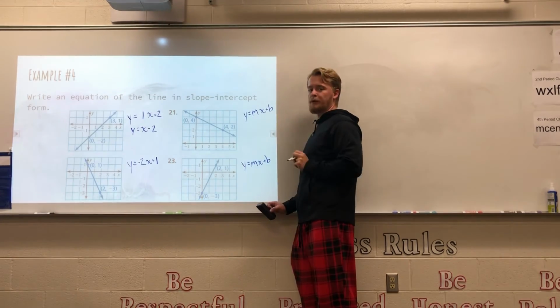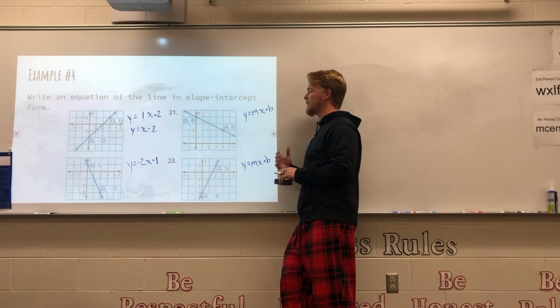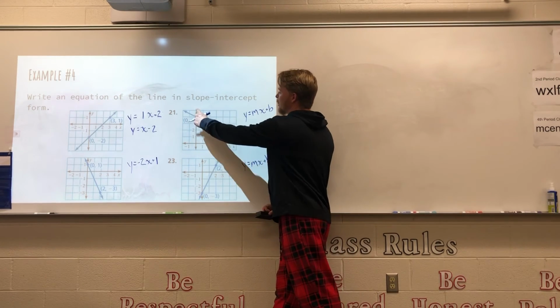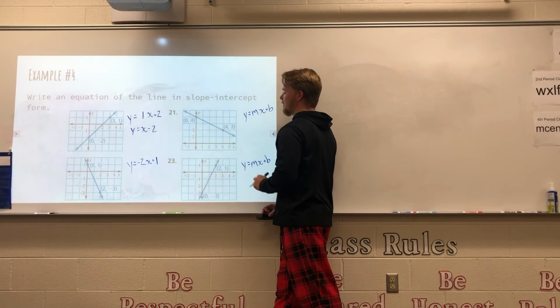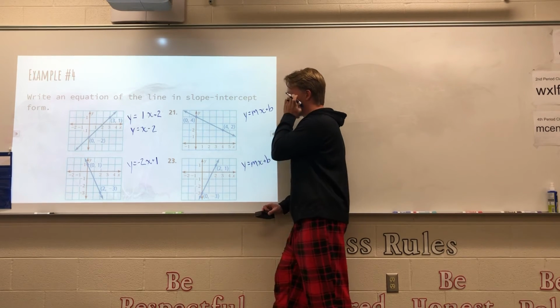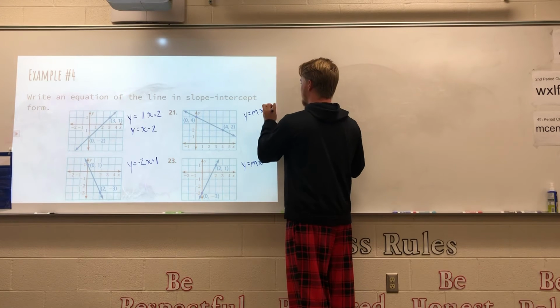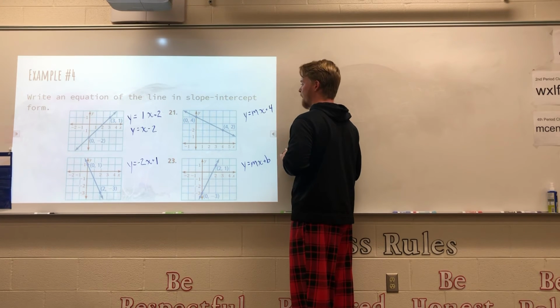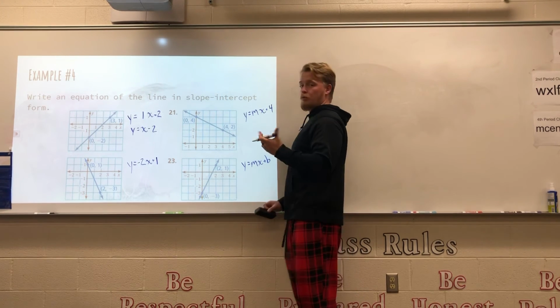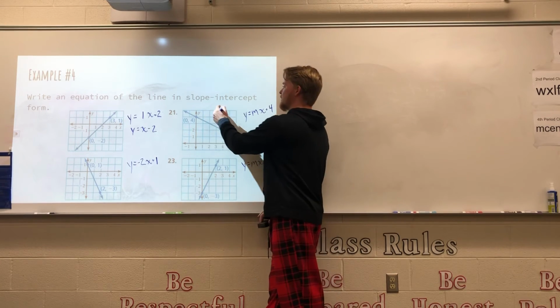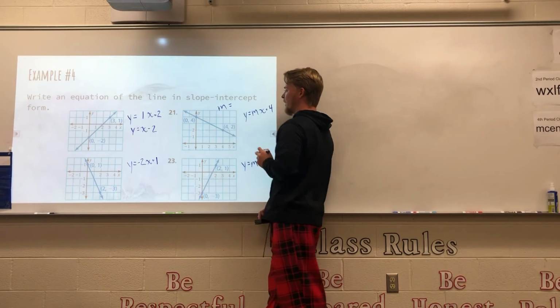All right, let's go to the next one. Your b, hopefully you're catching on and getting the hang of this by now. Your b, where your y-intercept is being intercepted, hence the name, is at positive 4. So b is replaced by positive 4. And then to find slope, you do your rise over run. So my m, I'm going to look for my rise first.